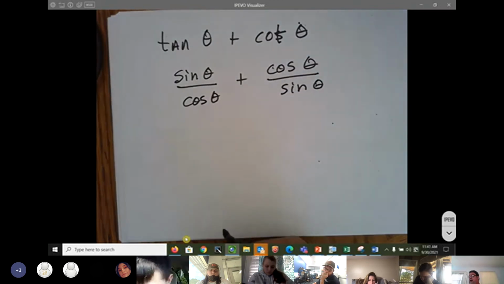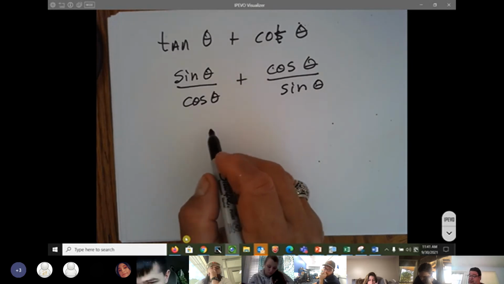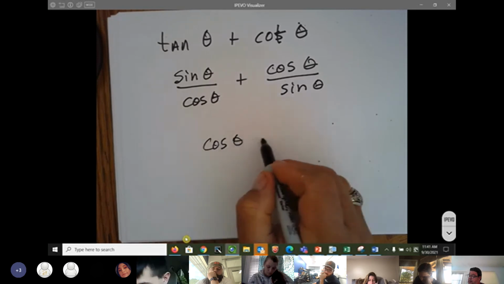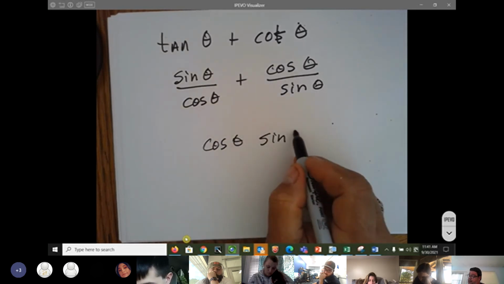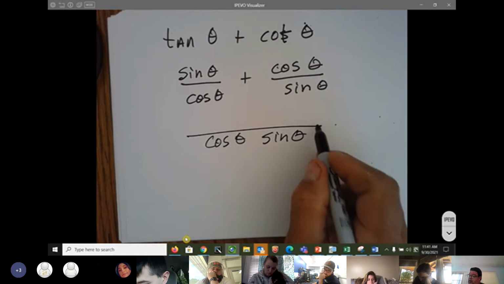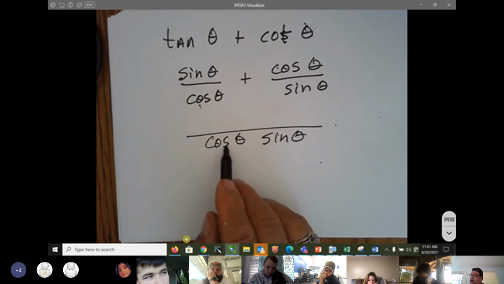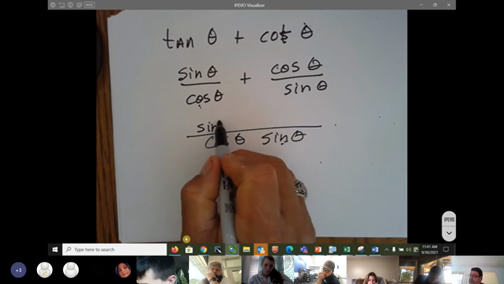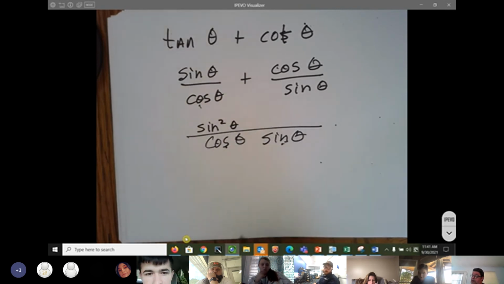Well, we got to get a common denominator. And the common denominator is cosine sine, or sine cosine. Cosine will go into cosine, sine times sine is sine what? Sine squared theta.